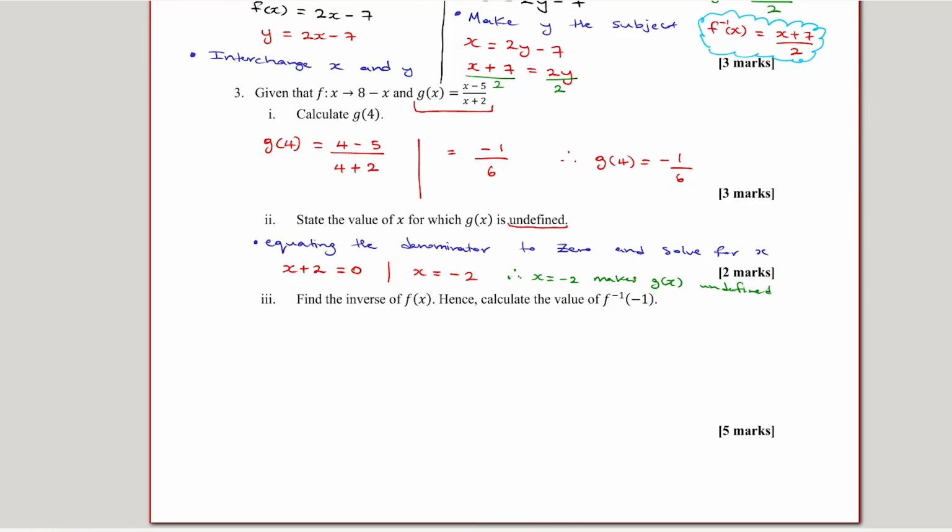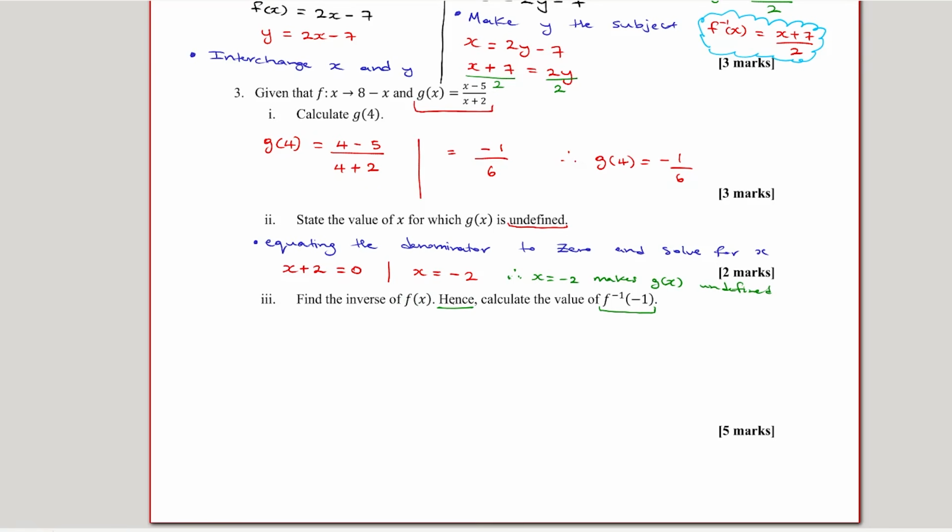2 marks. Alright, so last part of this question and the last thing on the test is find the inverse of f of x, hence calculate the value of f inverse of negative 1. So what this wants us to do is, firstly, find the inverse of f of x.